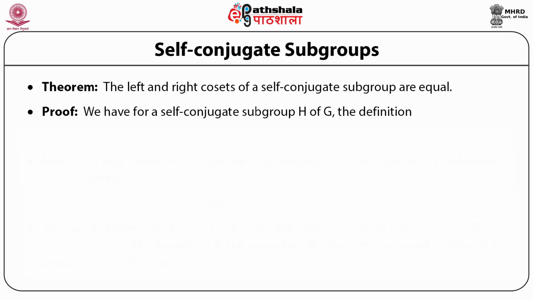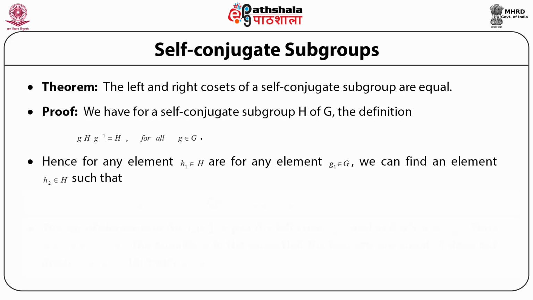We have for a self-conjugate subgroup H of G, the definition that GHG inverse is H for all G belonging to G. Hence, for an element H1 which belongs to the subgroup H, and any element G1 which belongs to the group G, we can find an element H2 belonging to the subgroup H such that G1H1G1 inverse is equal to H2, or G1H1 is equal to H2G1.